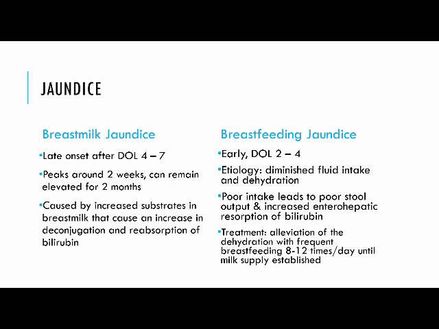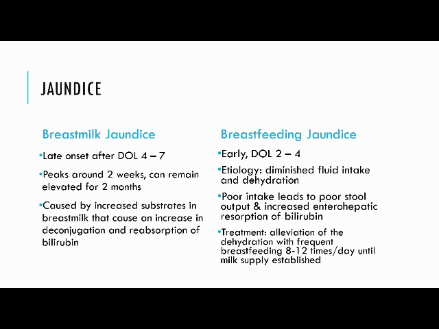It's caused by substrates in the breast milk that can cause an increase in deconjugation and reabsorption of bilirubin. So it's not super well understood, but that's the thought behind it, and that's why it can last for a while.